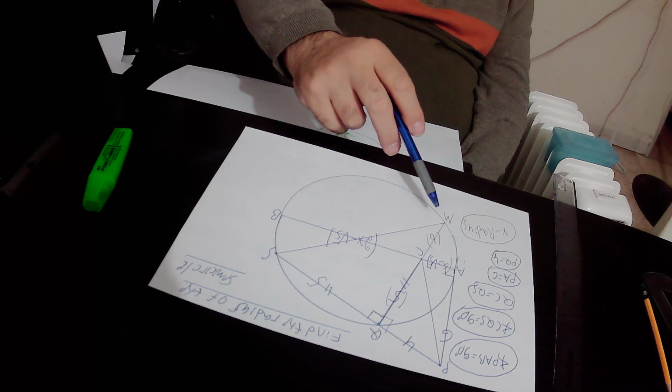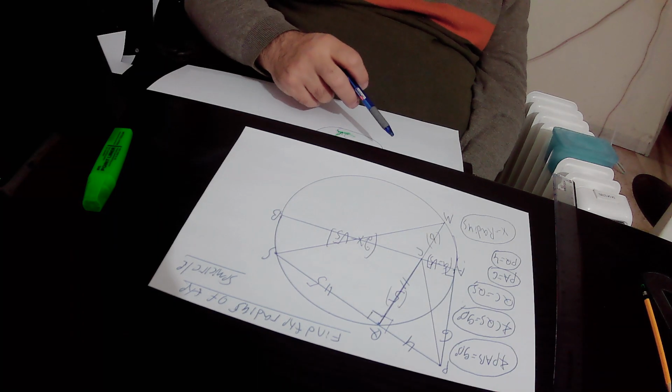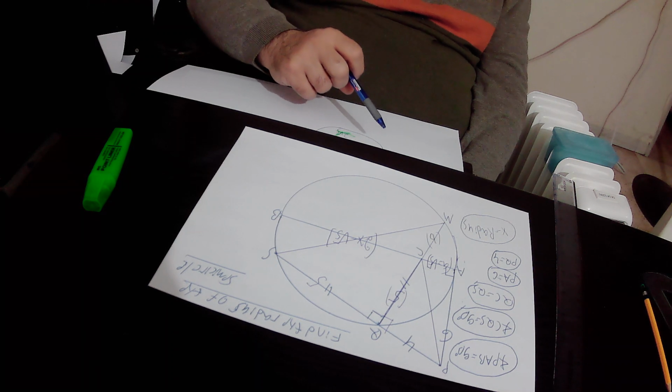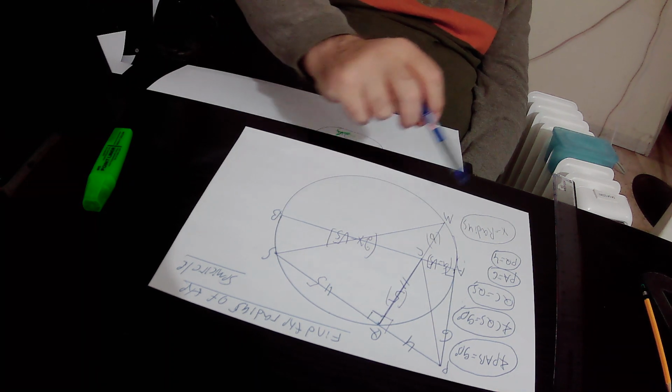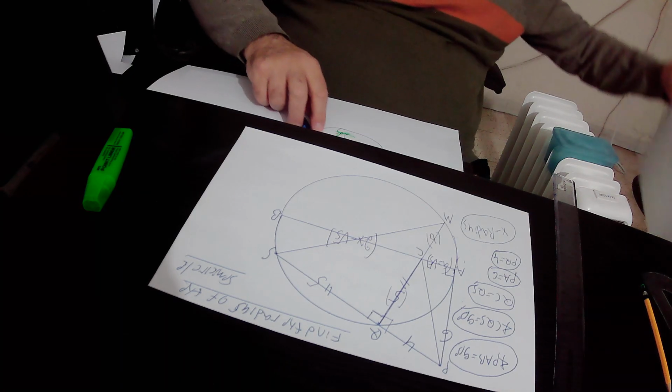So we have peripheral angle MQS that is equal to 90 degrees. And we have rule number 5 that states that any peripheral angle that is equal to 90 degrees must rest on the diameter of the circle. I'll repeat rule number 5.